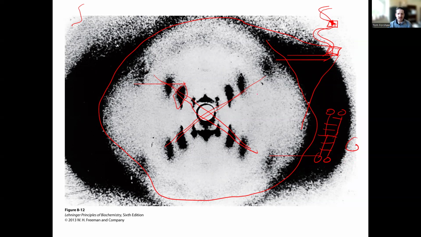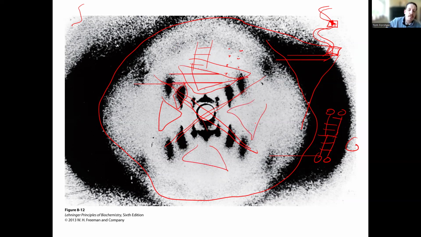If the X-ray had looked like this, they might have considered that it looks like a ladder. But the fact that it forms a cross indicates that the ladder is twisted. And also the fact that the angle is different, the size of these triangles is different.